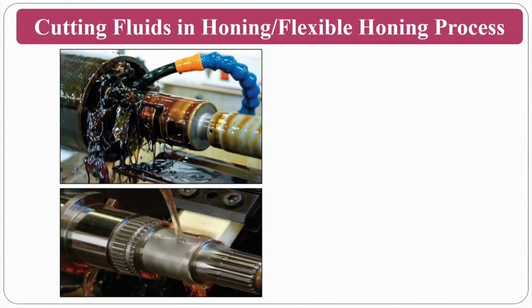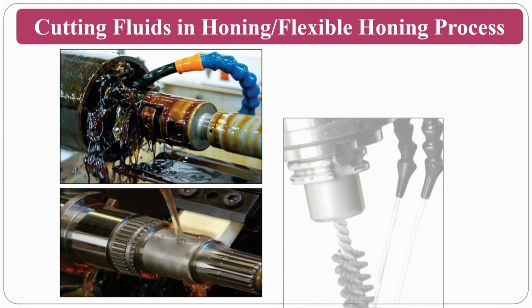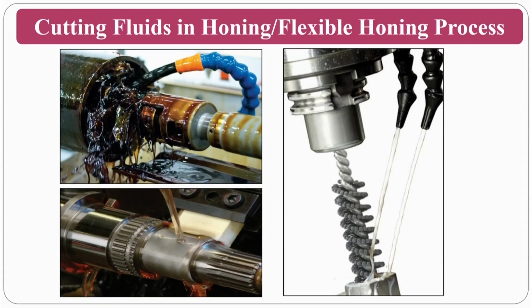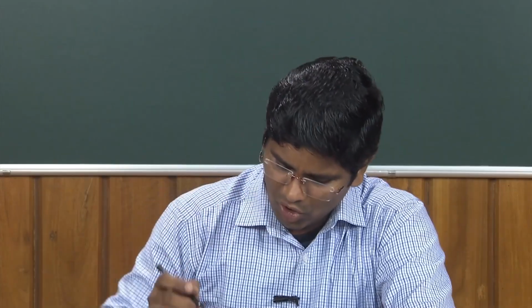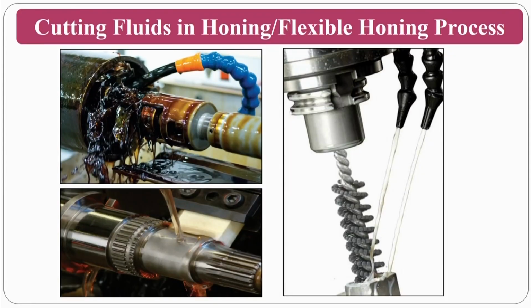Cutting fluids, normally the cutting fluids people use in this one will be lubricating, because the abrasion is the dominating factor and the temperature generation will be very minute, or I cannot say minute, it is medium, because the speeds that you operate at are very low compared to the grinding process and other processes. That is why the lubricating phenomenon of the cutting fluid is required. That is why you will always use the lubricating oil.